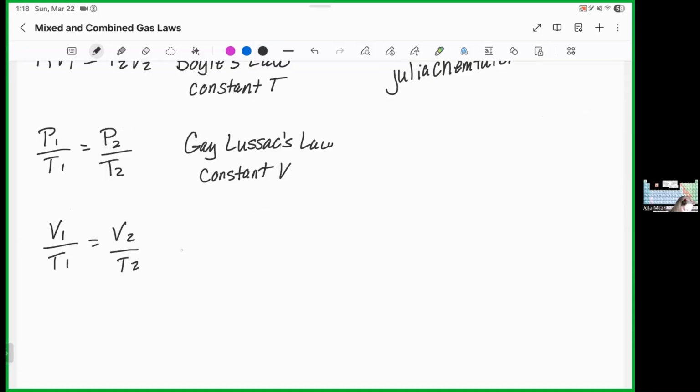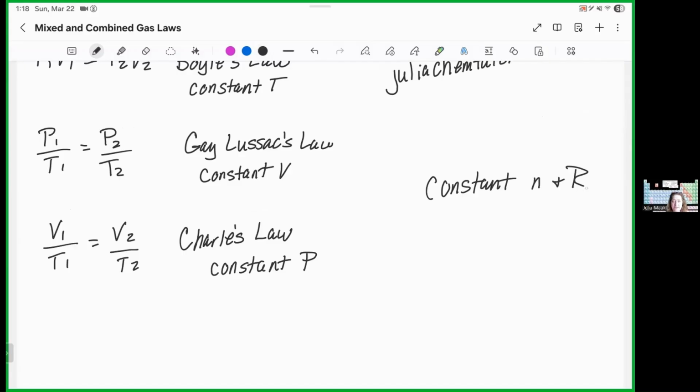That is Charles' law, and that is at constant pressure. For all of these, we are assuming constant number of moles, and R is always constant.